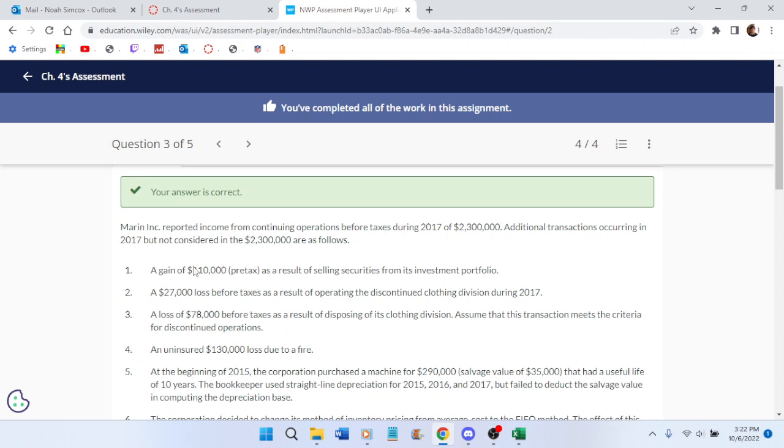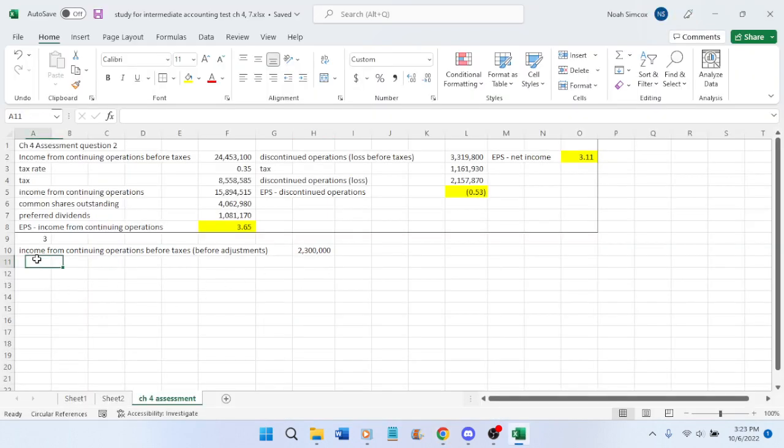So first of all, we will have a gain of $110,000. Gain from investments or something.